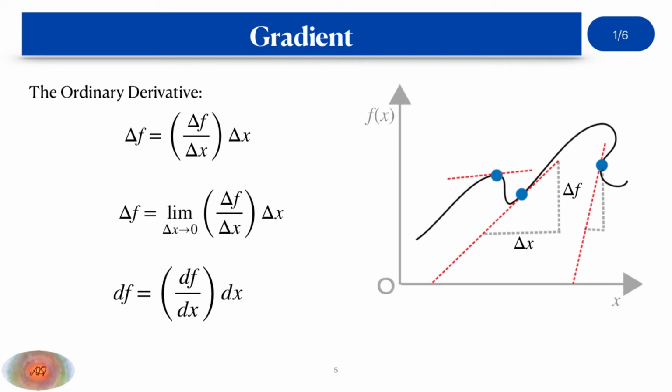On the other hand, the function moves a bit faster at the second point with respect to the first point, but the function changes fastest around this region with respect to any other region of the function itself. So the slope or the gradient in one dimension represents the rate of change of a function with respect to its independent variable.